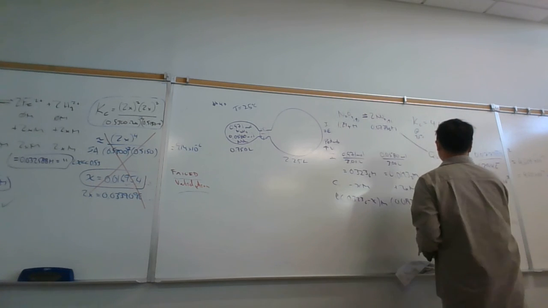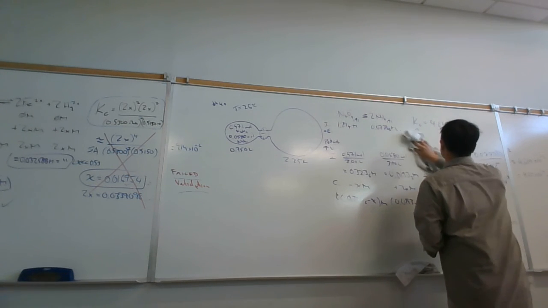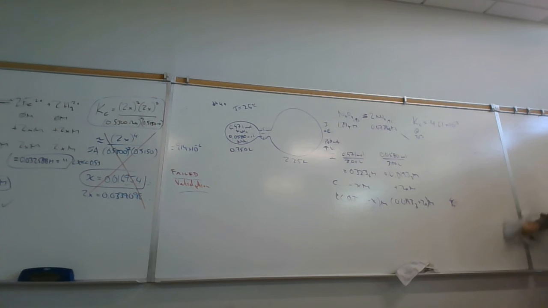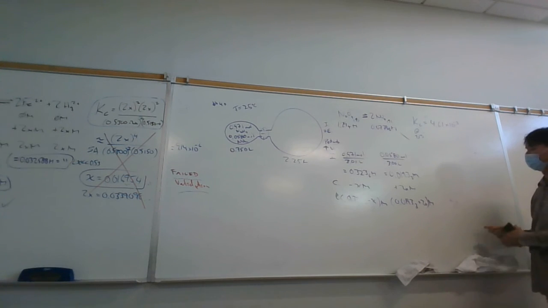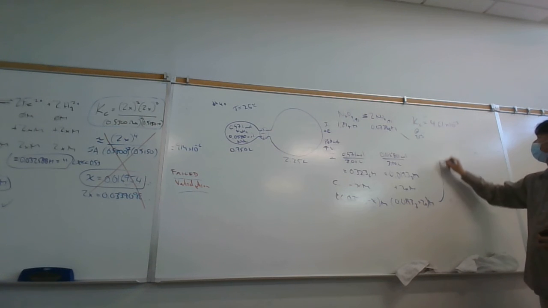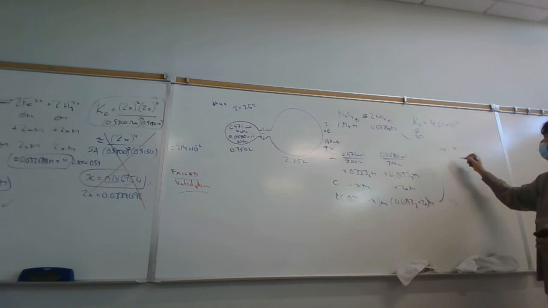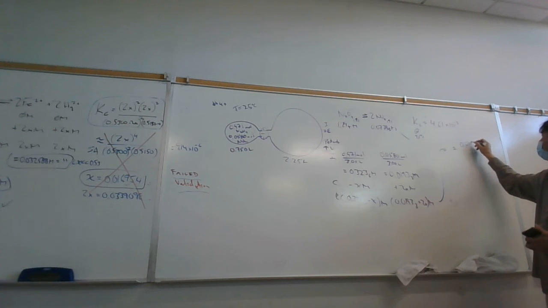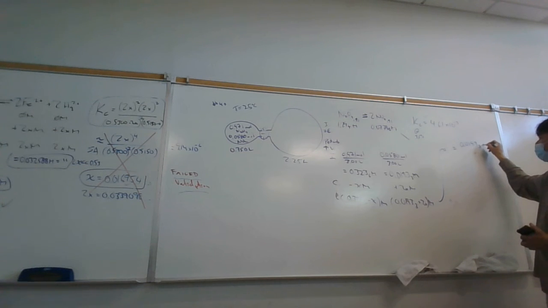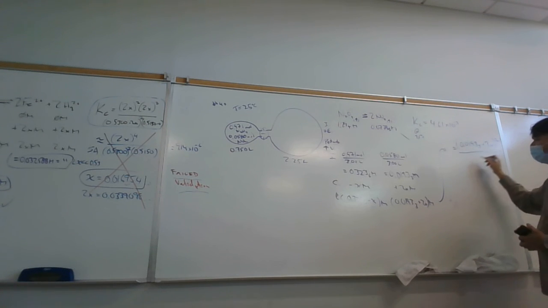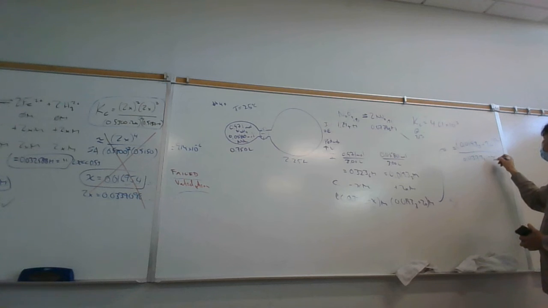Get rid of these Q's. So Kc is equal to that, and so we're going to make this equal to 0.01933 plus 2x quantity squared divided by 0.03236 minus x.